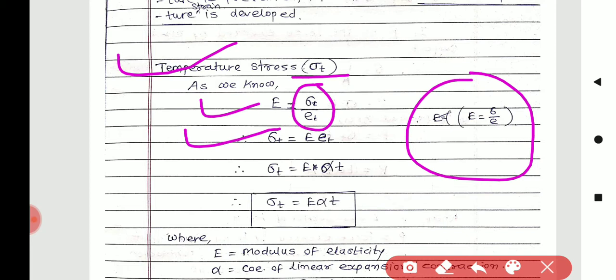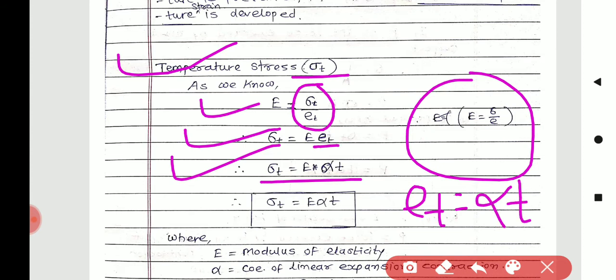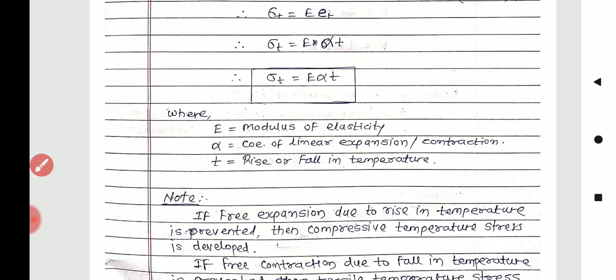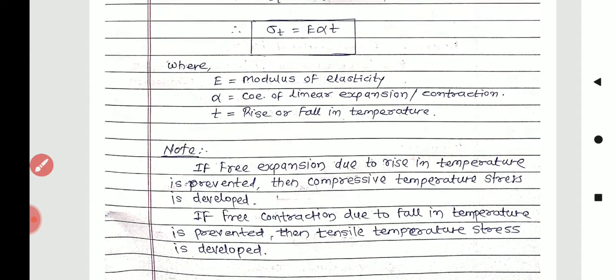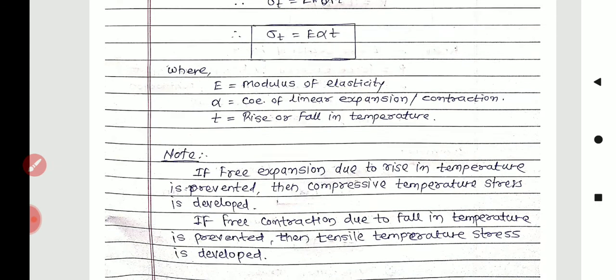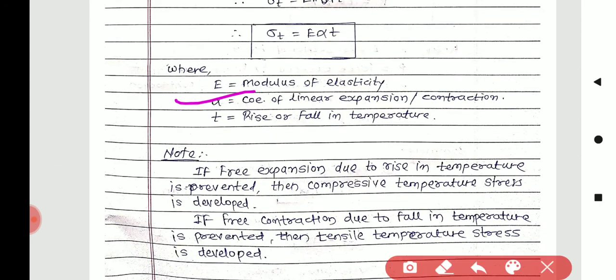Therefore sigma t becomes E times Et, and as we know the temperature strain is equal to alpha t, we put it here, then we get the formula sigma t is equal to E alpha t. Here E is the modulus of elasticity, sometimes called Young's modulus. Alpha is the coefficient of linear expansion or contraction, and T is the rise or fall in temperature.